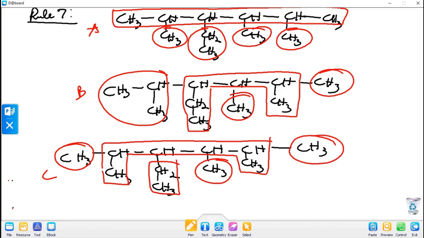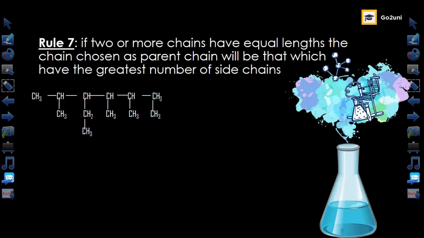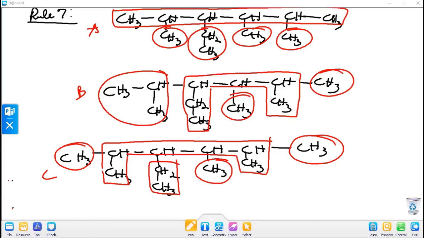So let's take a look at the rule. The rule says that when we have such kind of numbering schemes, the chain we will take as our parent chain will be the one that has the greatest number of side chains. That is the rule. So for student A, B, C, who do we accept? Which of these numbering schemes should be accepted? For student A, there are 4 side chains, having considered the straight chain to be his parent chain.